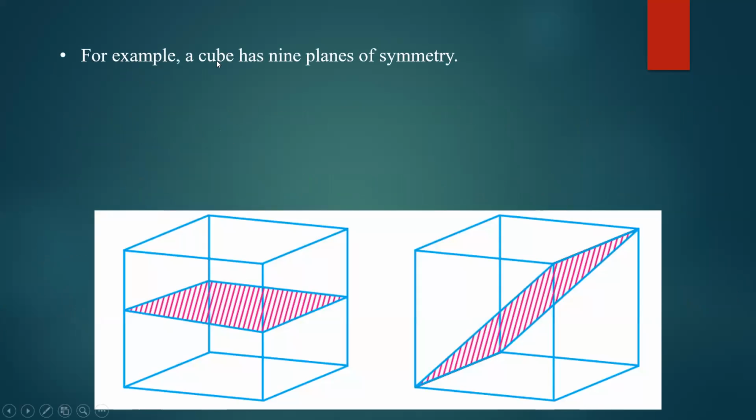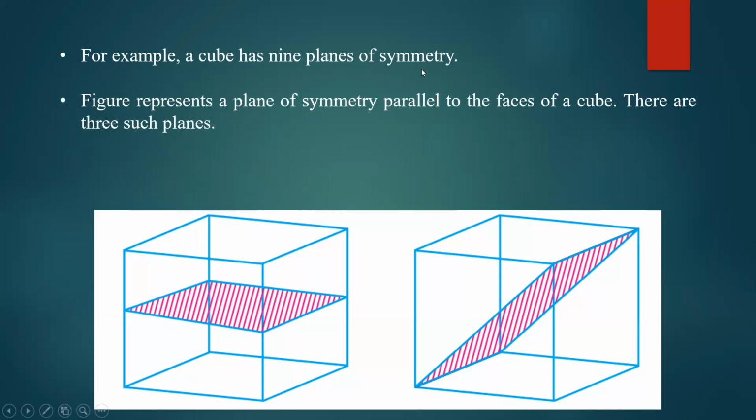For example, the cube has 9 planes of symmetry. So this is one simple plane of symmetry passing through the center. The upper part of the cube is similar to the lower part. This is one plane. If you cut that vertically, that is another plane. Then you take diagonal symmetry. If you cut this cube along the diagonal, that is going to be one structure.